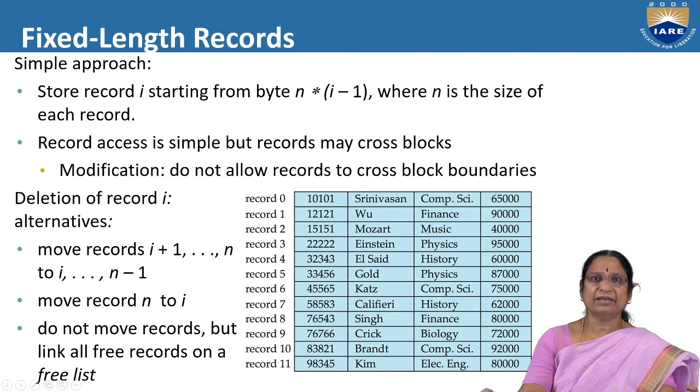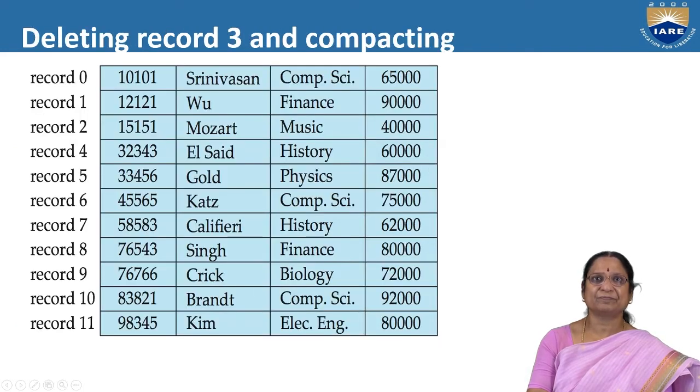Whenever a record is deleted, the deleted space is going to be sent back to the free space pool. Because moving multiple records, for example, if we are removing record number 2 and that file consists of 200 records, then 197 records have to be moved upwards, which is an expensive process.